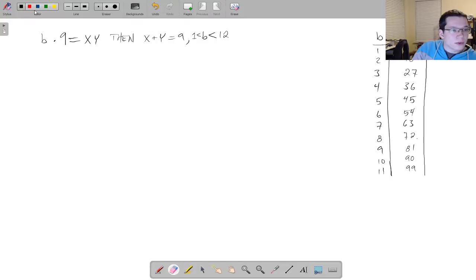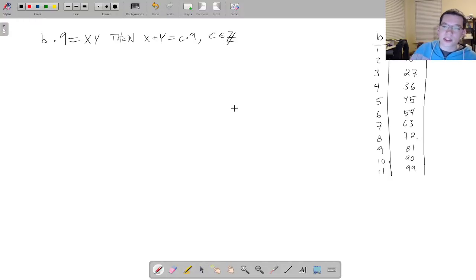And this is actually not quite a true statement. So let's fix it. Some c times 9, where c is an element of the integers.